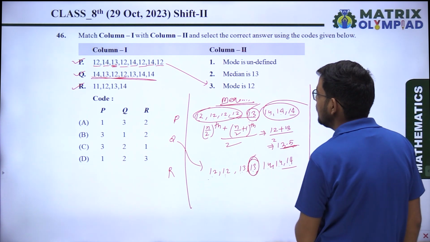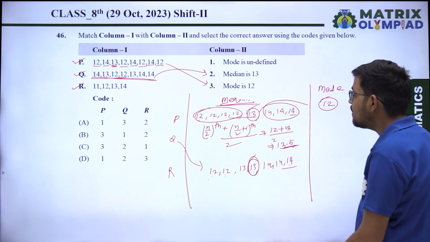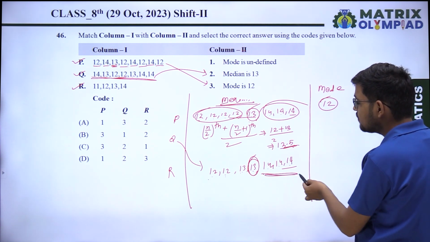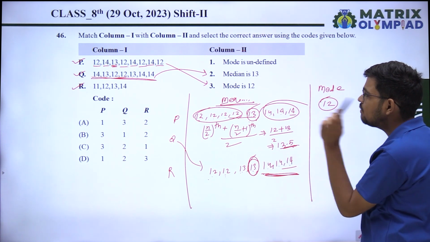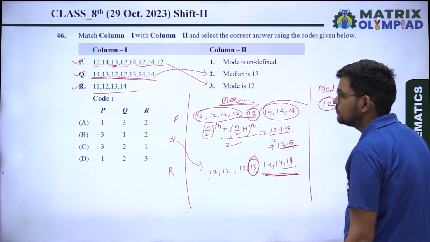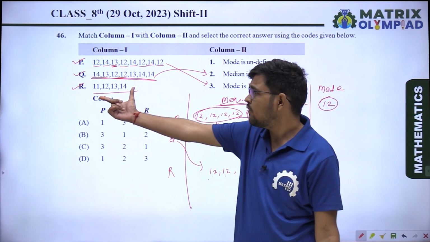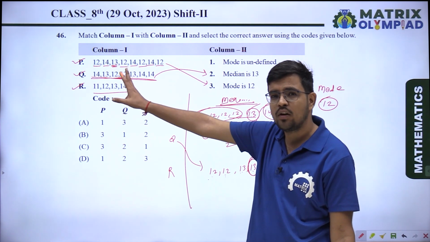So the median is 13. Yes, the median is 13. And what is the mode here? Mode is 14, but mode 14 is not the answer, so there is no need to find it. R: 11, 12, 13, 14. When you find the median, it will be 12 plus 13 upon 2. It means 12.5.